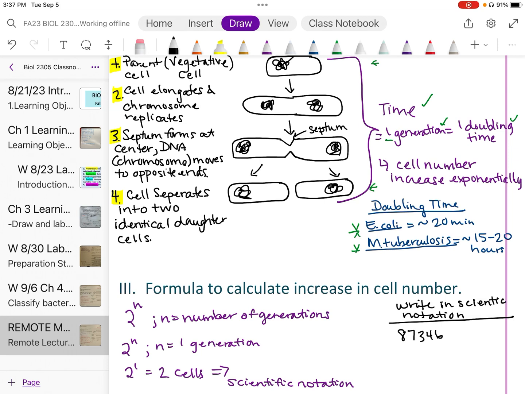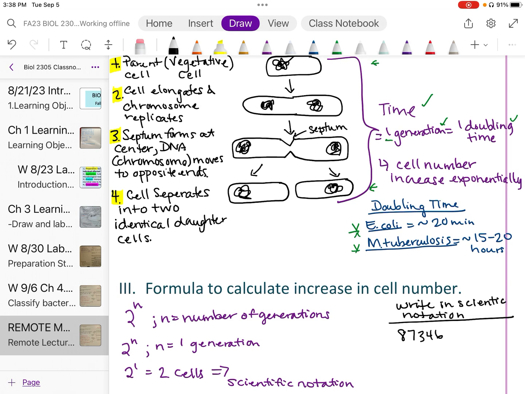And this number is going to be 87,346. So in scientific notation, you're always going to have one number to the left side of the decimal. So in this case, your leftmost number, which is 8, is going to be the number on the left side of the decimal.